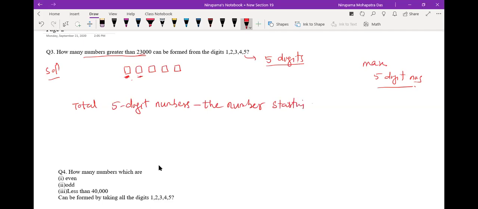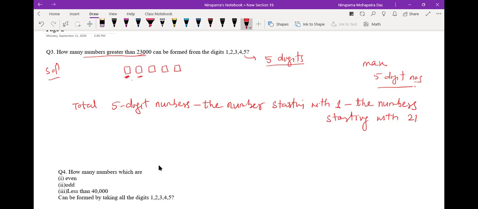We do not want those, because if you put 1 here, any 5 digit number starting with 1 will be less than 23,000. That is the reason. Minus the numbers starting with 21. You cannot have 22, right? So 21 is what I mean to say.